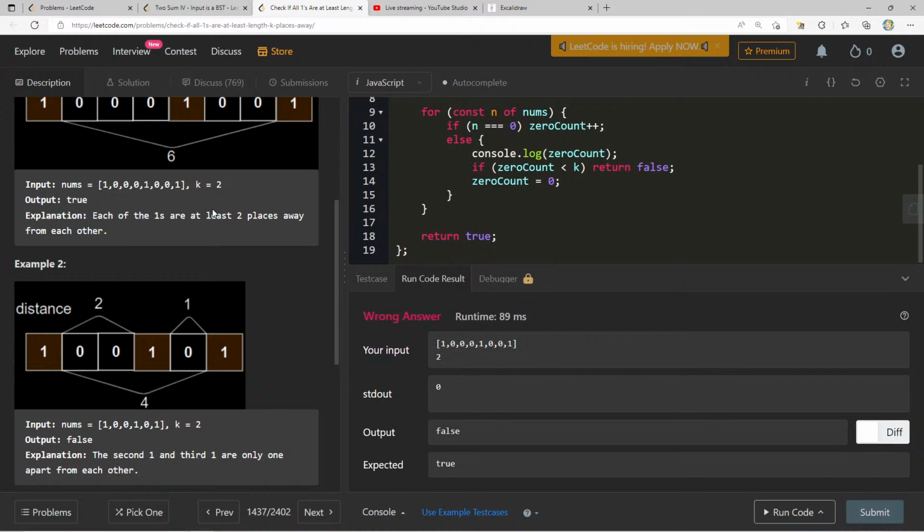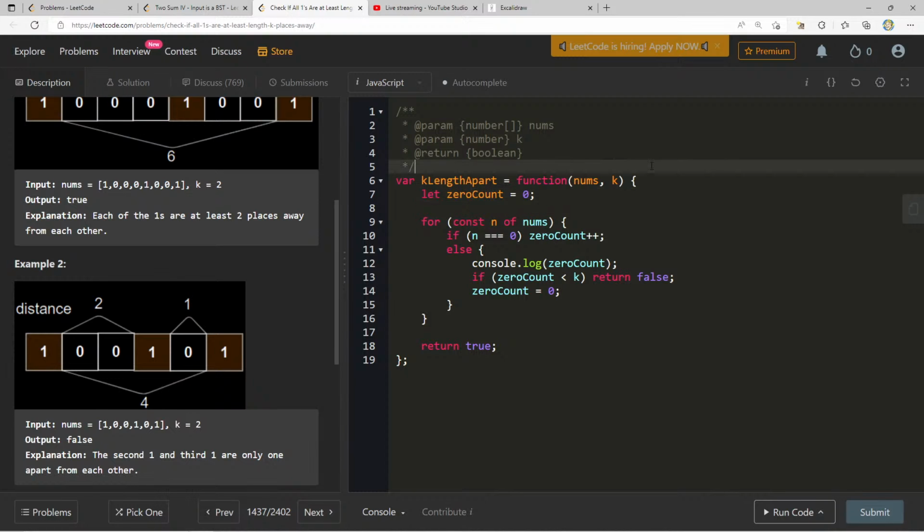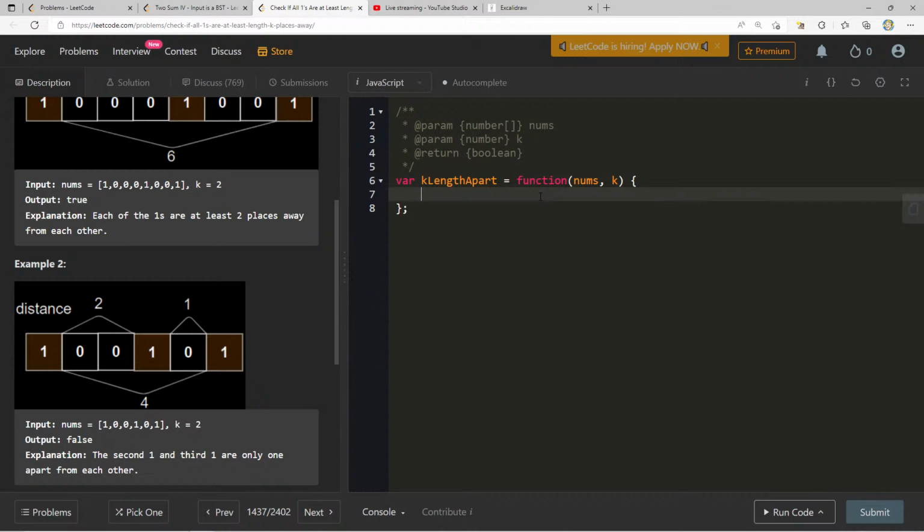We got to a 1, but now the thing is, we need to keep track of pairs of 1s. Like first one and second one, and compare the distance. So I think maybe we should do that instead. Yeah, we find the first one, then we find the second one, we compare the distance, and then we keep going that way. So let me see, let current equals 0, let runner equals 0.